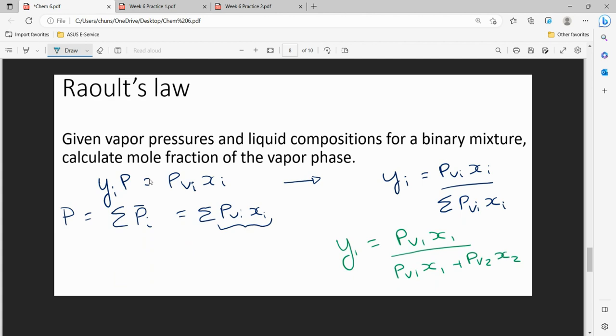Given vapor pressures and liquid compositions for a binary mixture, we can calculate mole fractions of a vapor phase. We're going to go through this in an example to better explain what we mean.